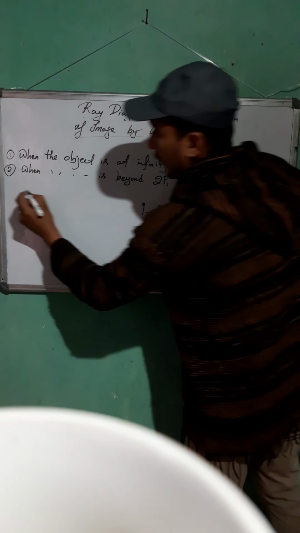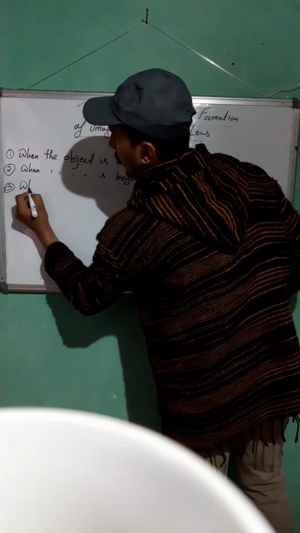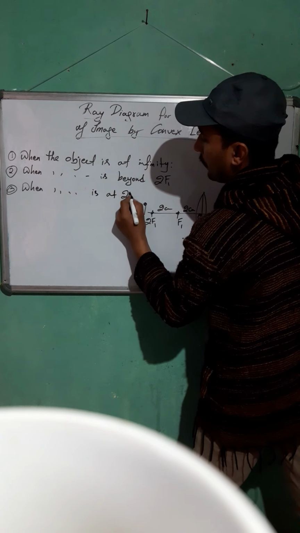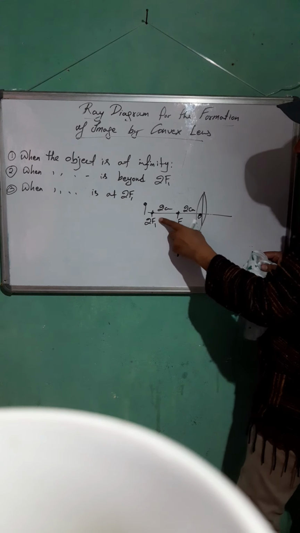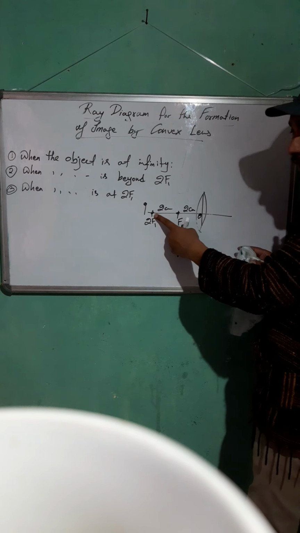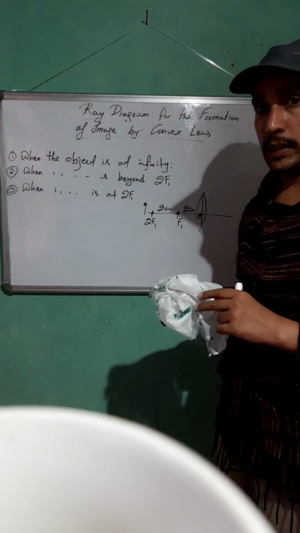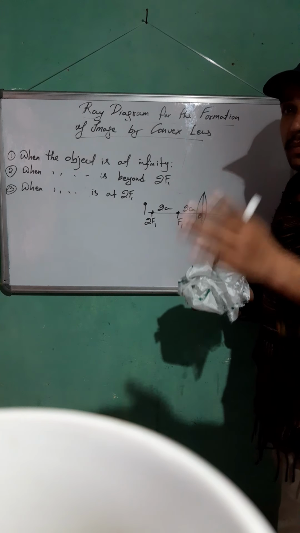Okay, next number 3, when the object is at 2F1. When you keep the object at 2F1, where will the image be formed and how will it be formed? What will be the characteristics of the image formed?